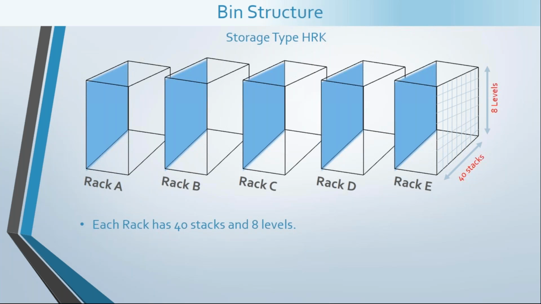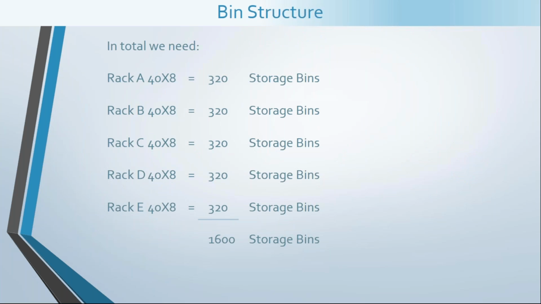The organization has named them rack A, B, C, D, and E for a clear-cut demarcation between them. Let's say that each of these racks has 40 stacks and 8 levels. So each rack has 320 storage bins: 40 stacks times 8 levels. In total, in these 5 racks, we have 1600 storage bins.